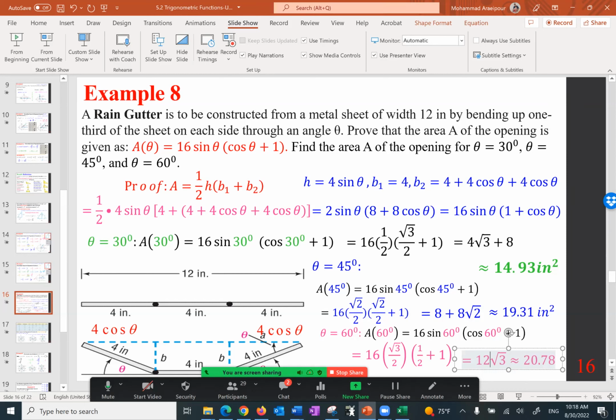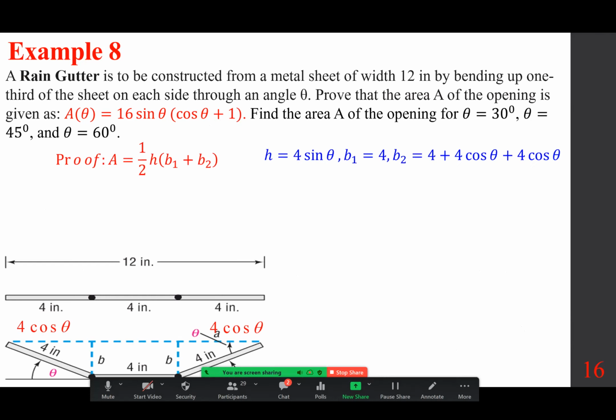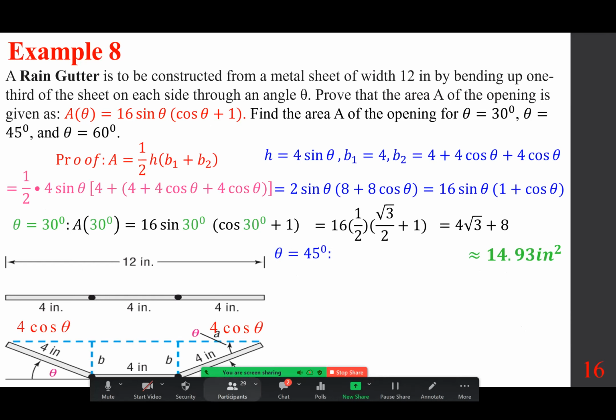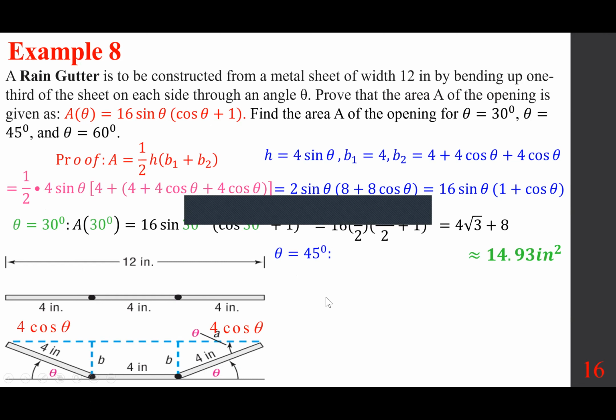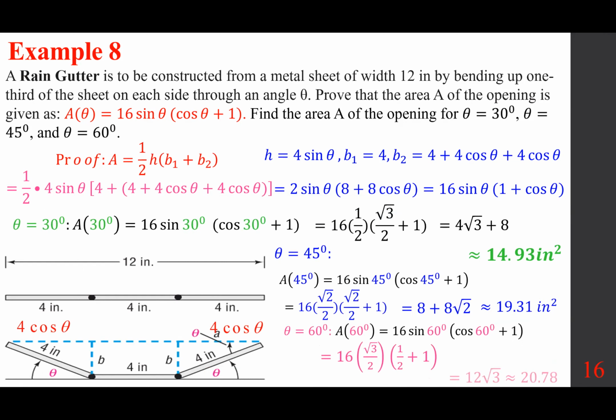Because we have 4 square root of 3 and 8 square root of 3, so 12 square root of 3. All right, so this is more like it. Let's continue.